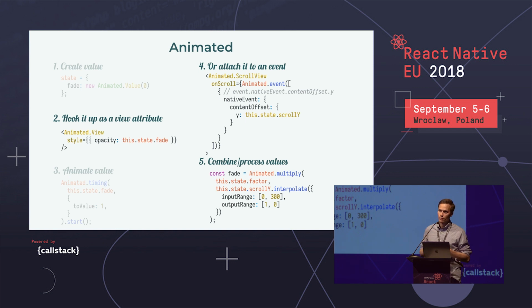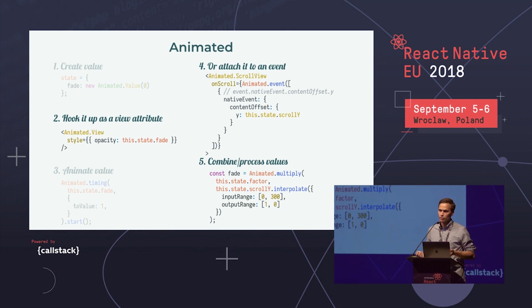So this nice feature of the animated API allowed us to take this declarative description of how this interaction or this animation should look like, how the views should be updated in the meantime. And instead of running it in JavaScript, we could run it in native. And that's how the animated native driver came to be. If you haven't heard about native driver, I recommend you check it out.